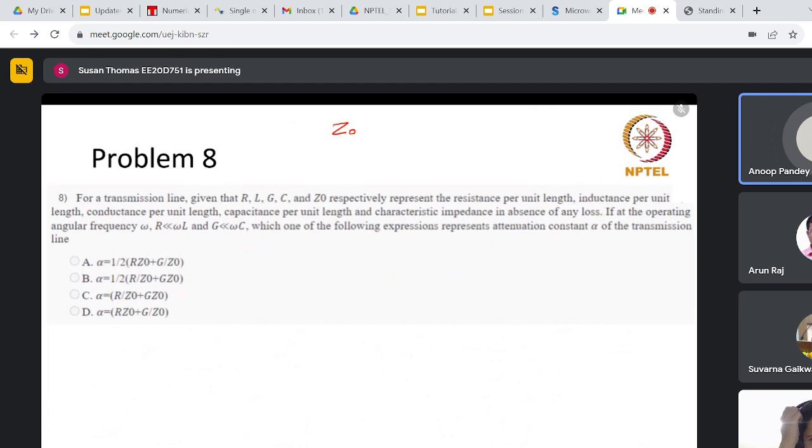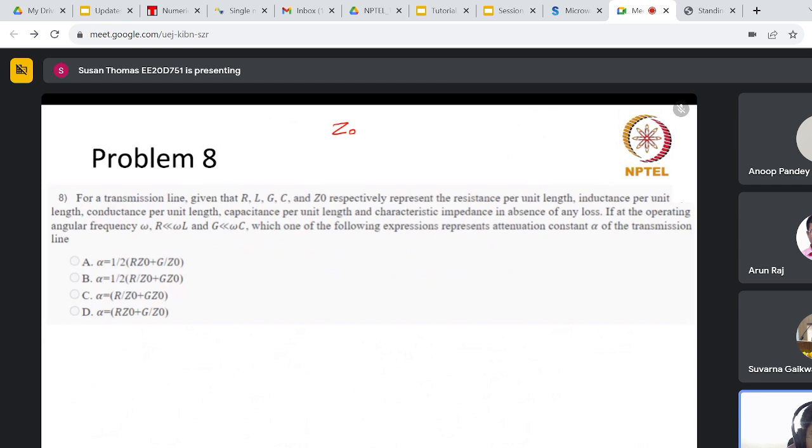But why do we consider only distortionless line as a pure real number? Why do we not consider lossless line as a real number? Real number in the sense, are you talking with respect to the impedance? Yes, ma'am. Z naught.